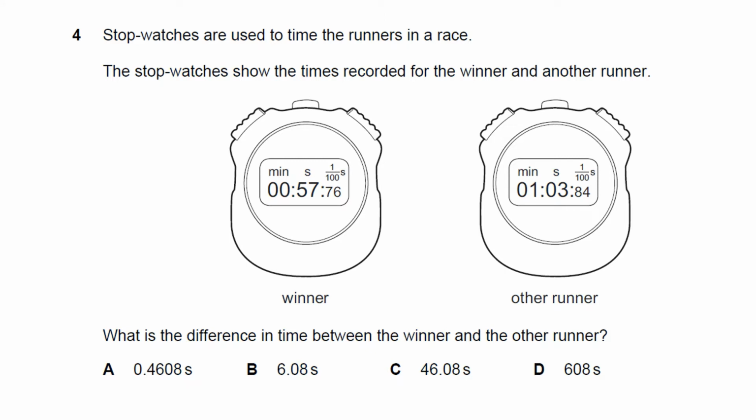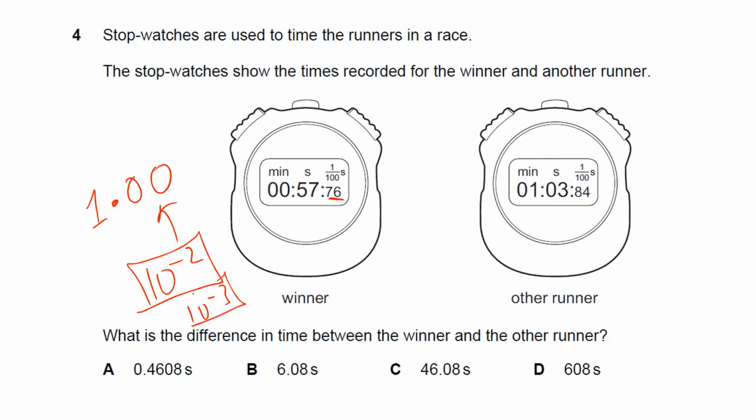Alright, so basically, if you see, this is up to centiseconds. So centiseconds is what? If this is 1 second, centisecond means this, because centisecond is 10 to the power of minus 2. I hope you know that. And milli is 10 to the power of minus 3, and deci is 10 to the power of minus 1. So this 1 over 100 is representing exactly that.